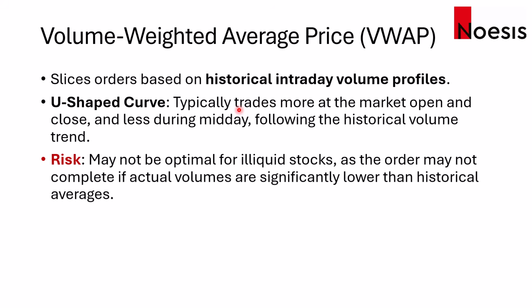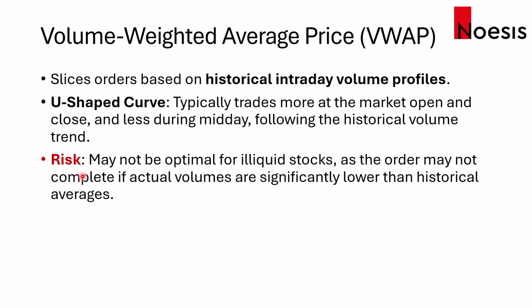Because of this historical focus, VWAP execution typically follows a U-shaped curve. You will find the algorithm is much more active at the market open and close, while it pulls back and trades less during the midday lull. It's simply following the natural trend of when most shares change hands.